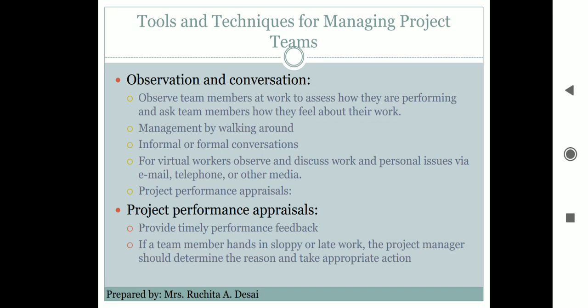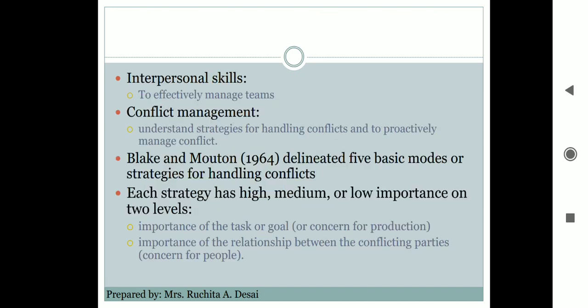By observing this, we can identify whether they are focused towards the project goal, or they are having any conflicts among them. If we find a conflict, we need to apply conflict management.